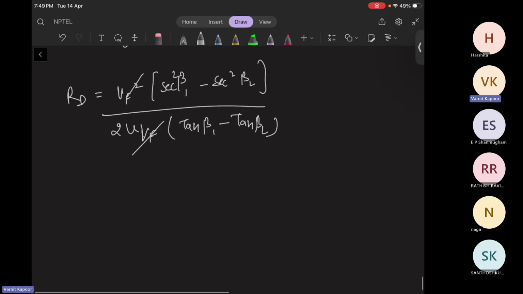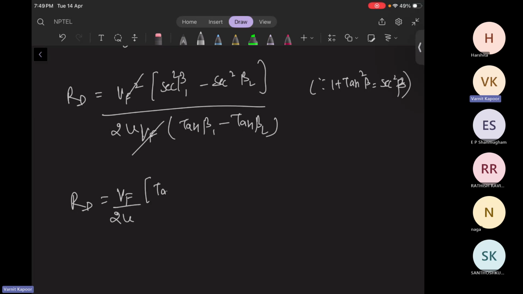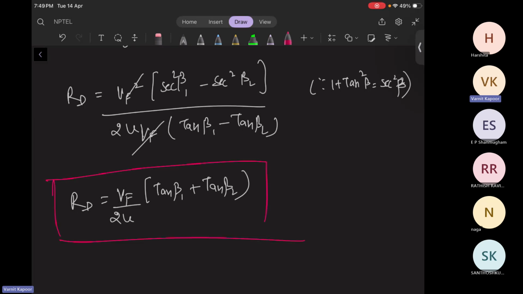So we are left with, and secant square can be written as 1 plus tan square beta, since 1 plus tan square beta from trigonometry is secant square beta. After putting all these values, you will get your final degree of reaction as Vf by 2U times (tan beta 1 plus tan beta 2). This is your final expression in terms of the angles.